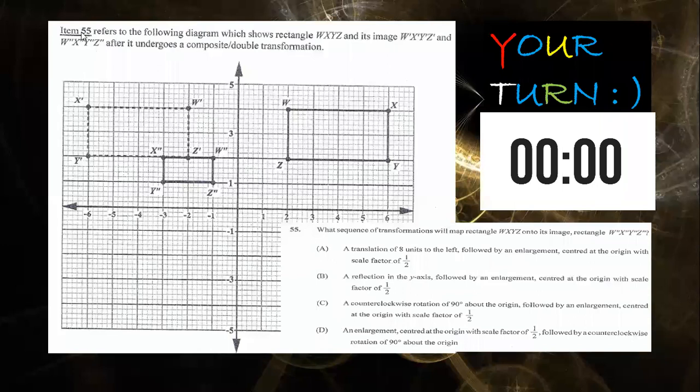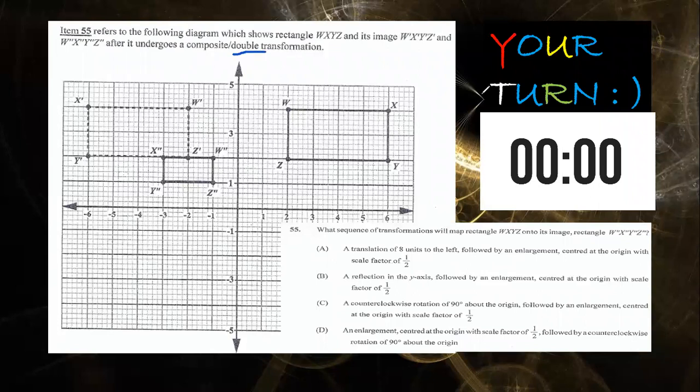It says here, item 55 refers to the following diagram, which shows rectangle WXYZ, which is this triangle here, and its image W prime, X prime, Y prime, Z prime, and W double prime, X double prime, Y double prime, Z double prime, after it undergoes a composite double transformation. Always underline important words, right?